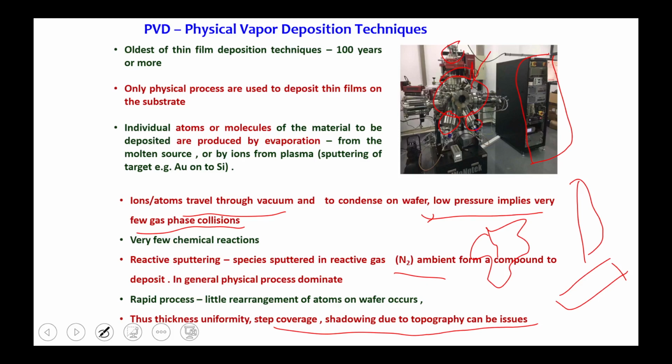The uniformity is fine for this process in the vacuum chamber, as atoms will be continually evacuated from the target. But in case of CVD, there is random stacking and movement of atoms, so it will take time. In that sense, PVD is the rapid process.